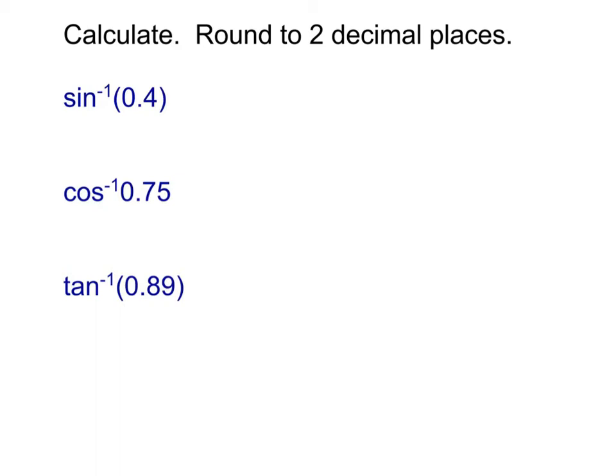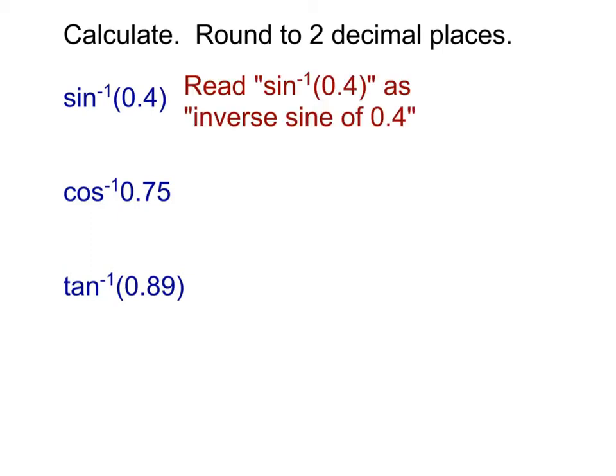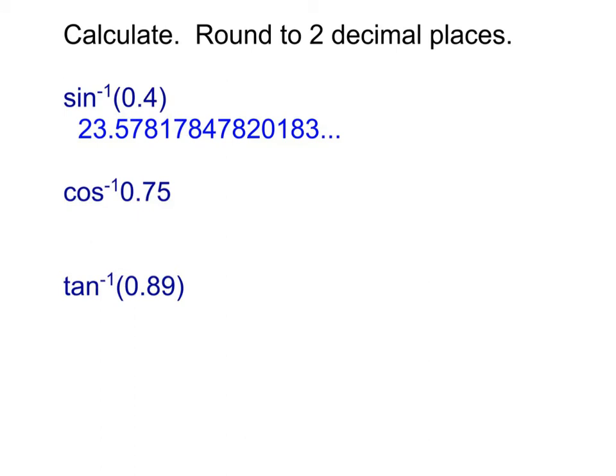And so as we take a look at this first one and make sure you're on the right track, first of all, yes, we read that as inverse sine of 0.4. That's how we're actually reading it when we talk about it. Now, when you do that calculation, you should be ending up with a big old number that looks like part of this.